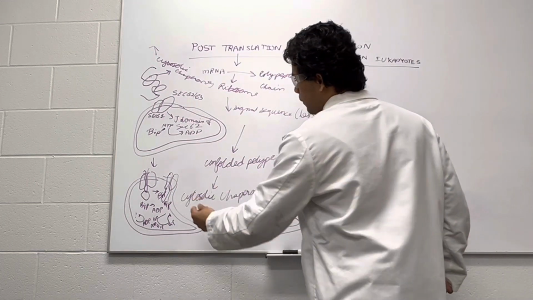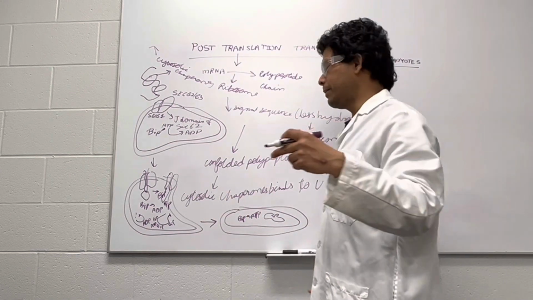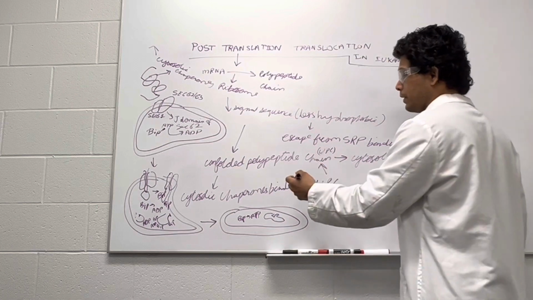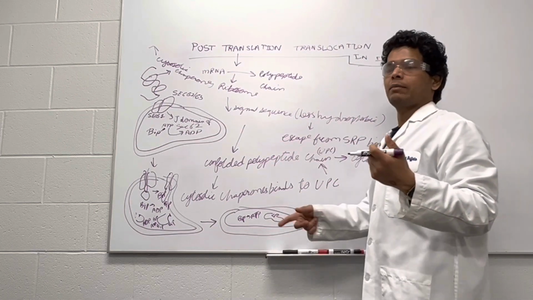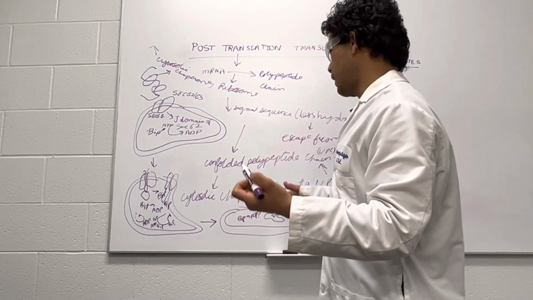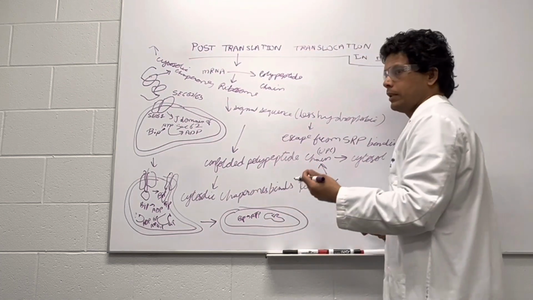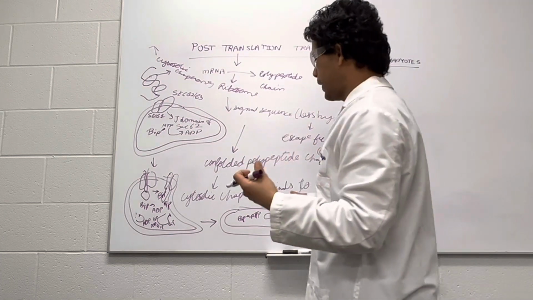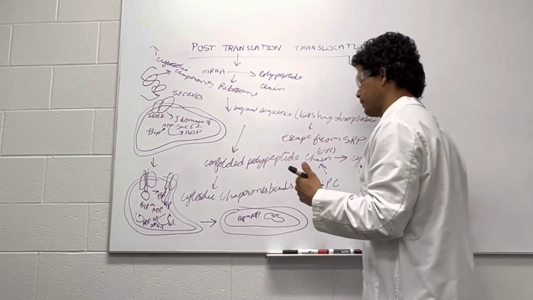With the release of BIP, when ADP is converted to ATP, not only does BIP release from the unfolded polypeptide chain, but it also unlocks the binding pockets, so that now the polypeptide chain can form its native structure.